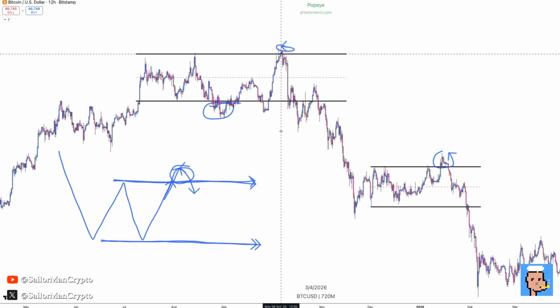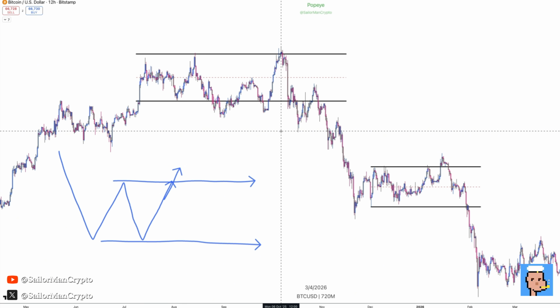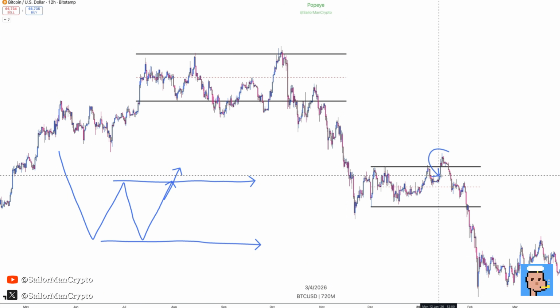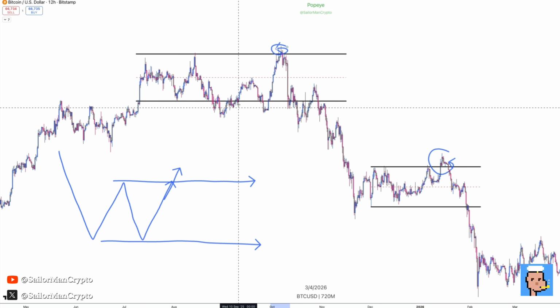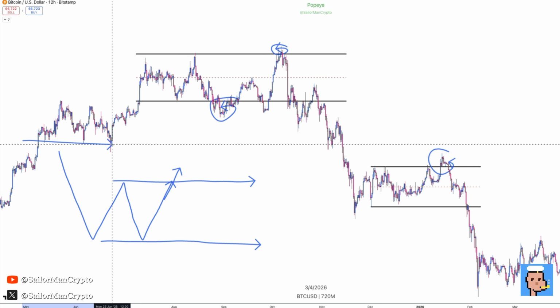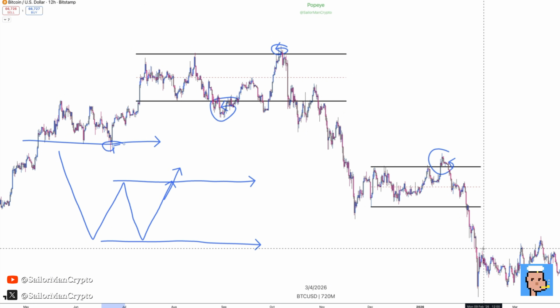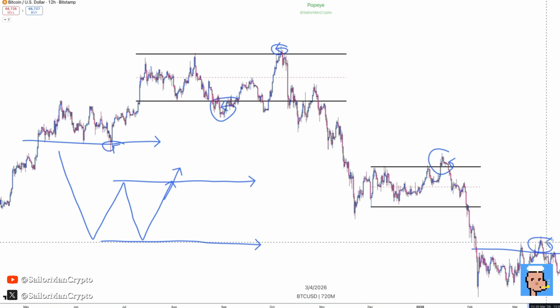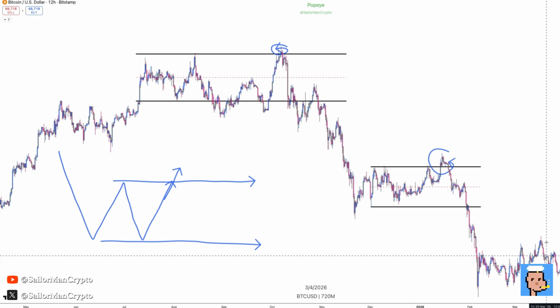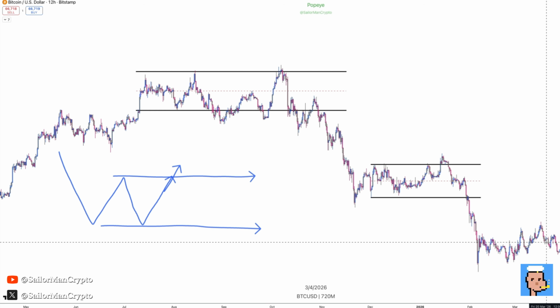So now, since the price went out and came back inside, we do have the deviation. So price comes inside the value area, the breakout has failed. So this breakout failed, this breakdown failed. If I push another one here, this breakdown failed. This one failed. So price went back inside the range boundaries.